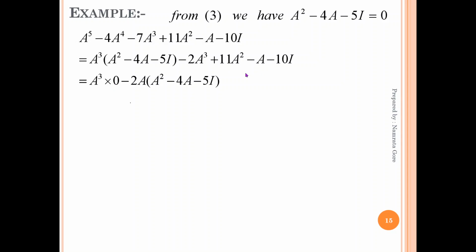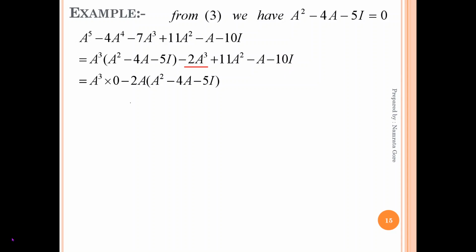Now from here we are taking minus 2A common, and what is left is A square. Now we want here 4 into 2, 8A square. So from here we have picked 8A square, so what is left is 3A square. Here it is minus 2A into minus 5I, that is minus 10I. So we have picked this minus 10I as it is.